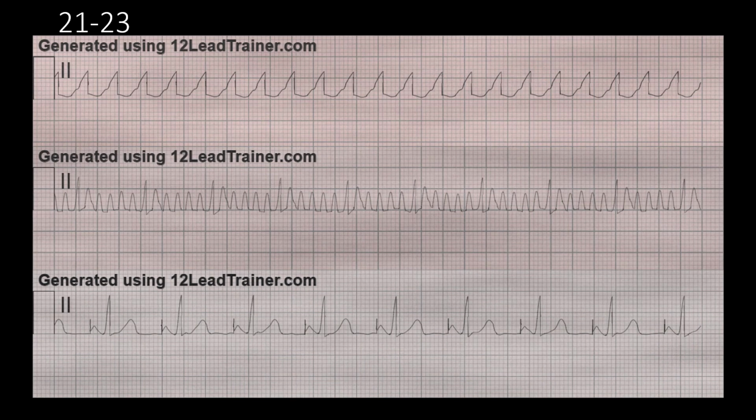Alright, this top one here looks pretty regular. We have a rate of about 300, 150, so just under 300 about. We've got 1, 2, 3, 4, 5, 6, 7, 8, 9, 10, 11, 12.